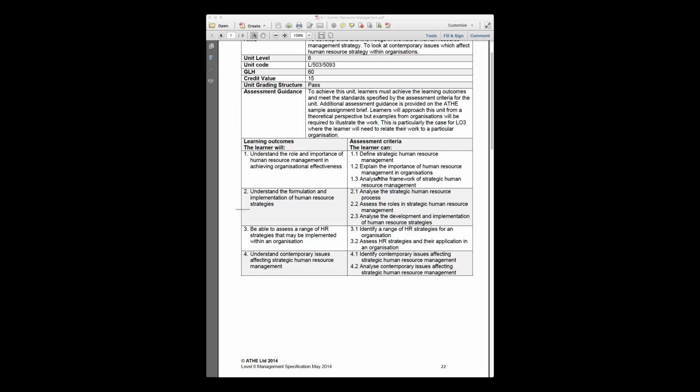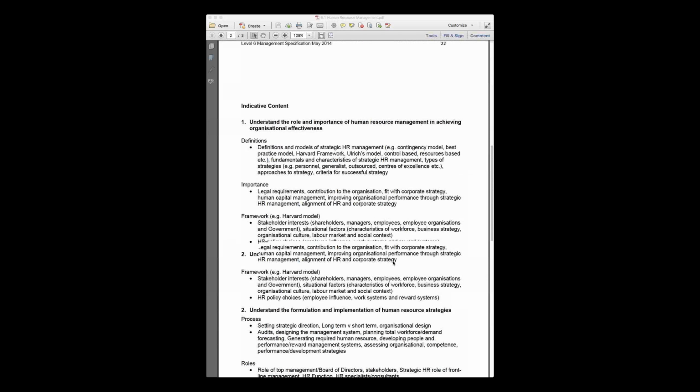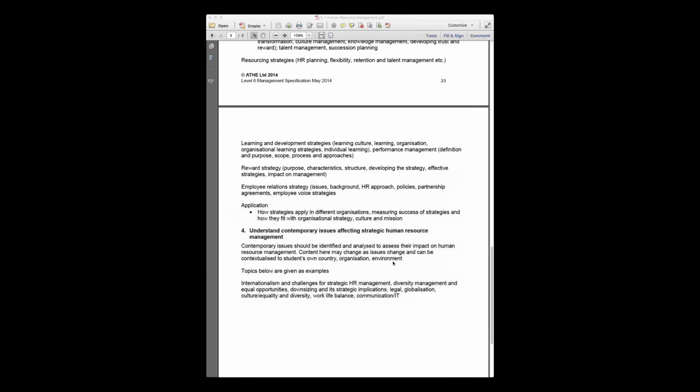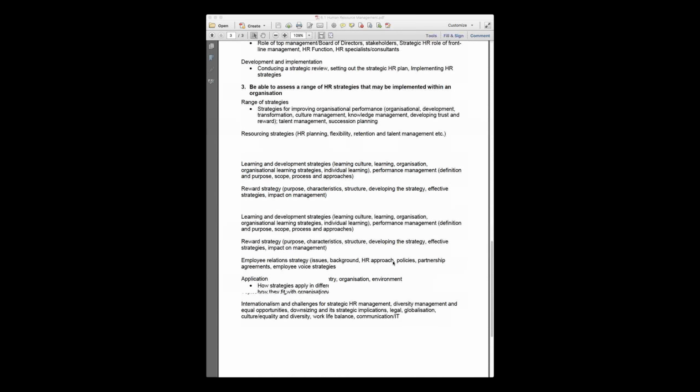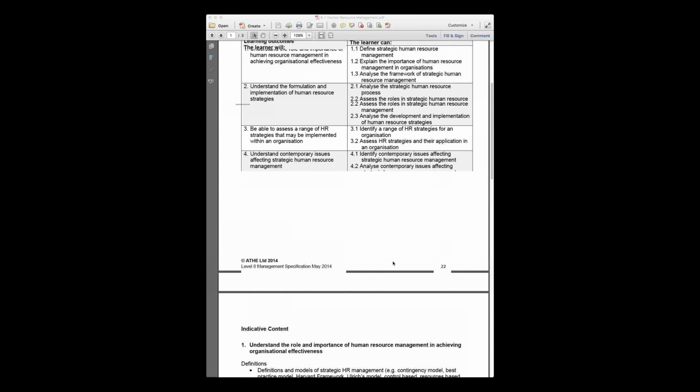So we are going to start off with learning outcome 4, which is understand contemporary issues. And then with these issues, we'll look at understanding how HR firms up a range of strategies to counteract them. These strategies would mean, within the company, the HR comes up with incentive schemes, reward schemes.